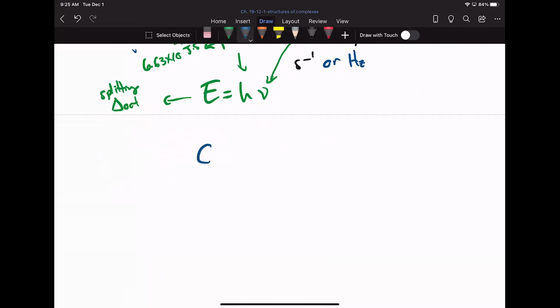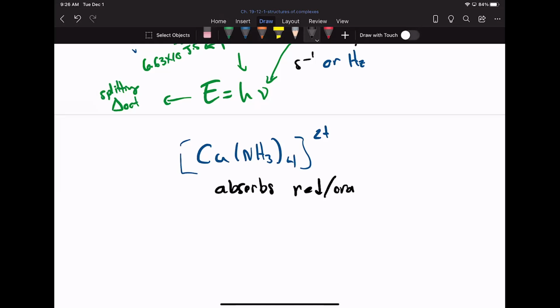How about we use copper? Now, this complex absorbs light. Let's see, we'll say it absorbs red-orange light.